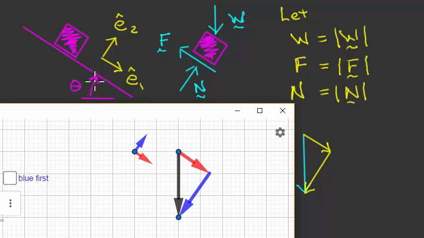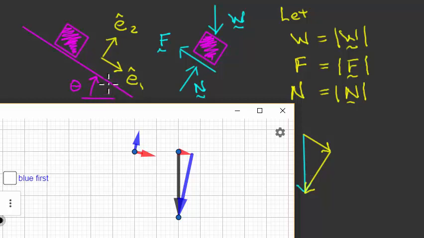What happens if I make theta small, make this ramp not so steep? Well, in that case, the red one is going to get more horizontal, right? So if I make theta small, it looks like this. The angle in our vector triangle that's getting small is this one right here. If I make the ramp shallow, then this angle in my force triangle gets small.